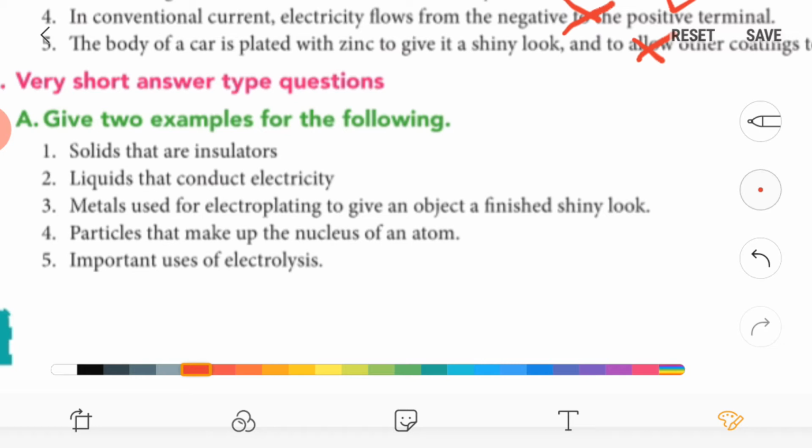Now give two examples for the following. So first one, solids that are insulators. So write down answers: wood, plastic, erasers, rubbers, right? Glass, write down any two.